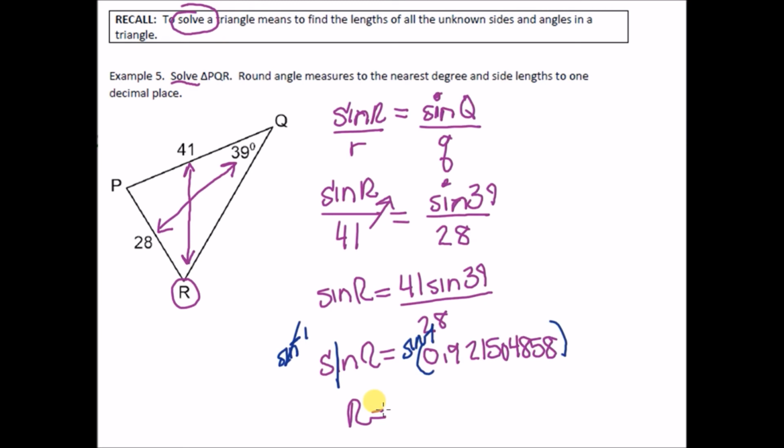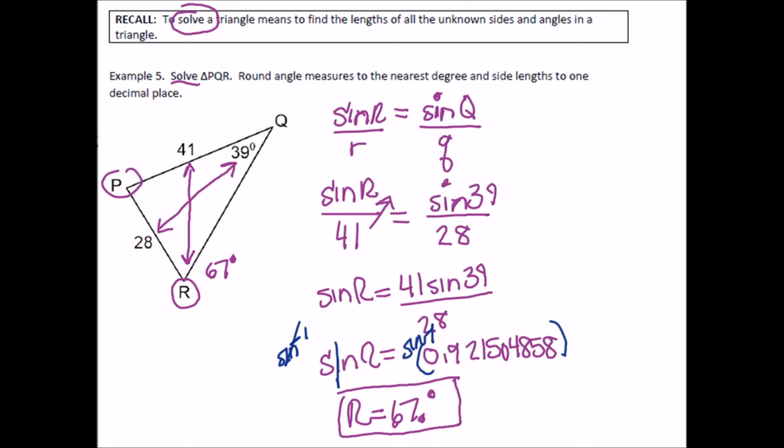I press sine inverse, and then it comes up 67 point something. Oh, that's it, degrees. Let's leave that at 67 degrees. So we have R equals 67 degrees. Now, to solve for angle P, it's really easy.